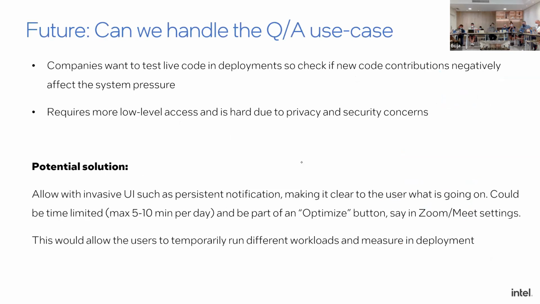We do hear, and maybe I'm putting this out there to get some feedback as well, that some people really like more low-level access. Say you have Meet, for instance, or Zoom, and you have a new code path and you think this is going to be better, but you really want to test it on live deployments, because maybe there's a certain system where this is just not going great and they're all going to end up in critical state all the time.